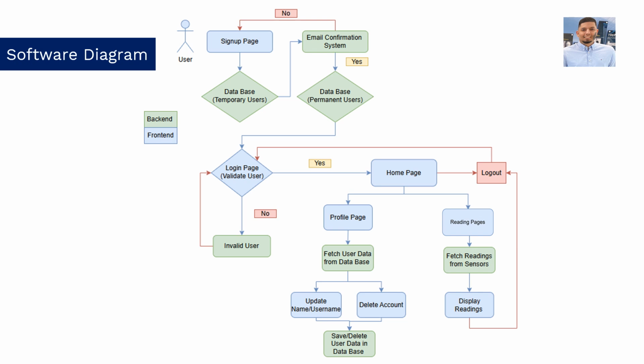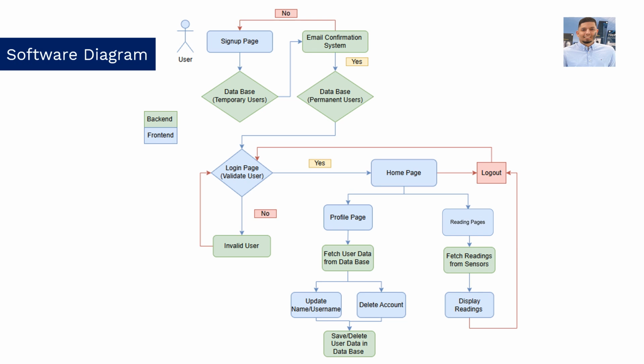In the home page, you have two options. The first option is to go to the profile page. In the profile page, we fetch the user data from the database and then we either delete or update your name or username. Once one of those two happens, the server will either delete or save your data in the database.